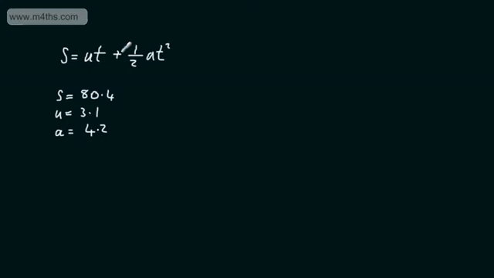So what we have here is a quadratic. We're going to solve a quadratic in t. If I put these in, on the left hand side I've got 80.4, and that's equal to 3.1t, plus 1/2 of a, so that's 2.1t squared.